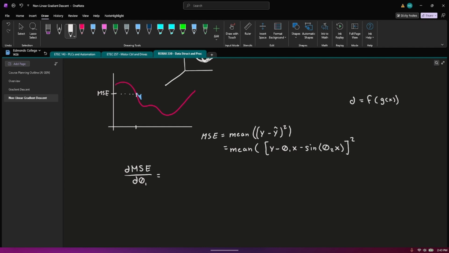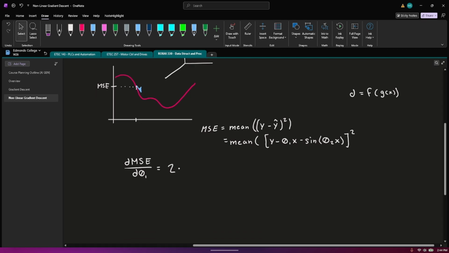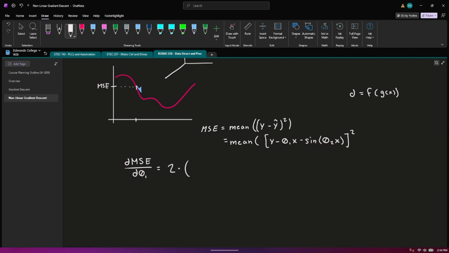So first, we remember power down to the 1 less power. So my 2 comes out here, and we retain the stuff inside of this function: y minus theta 1 x minus sine theta 2 x. And our previous 2 up here goes down to a 1, so we'll just leave it like this.